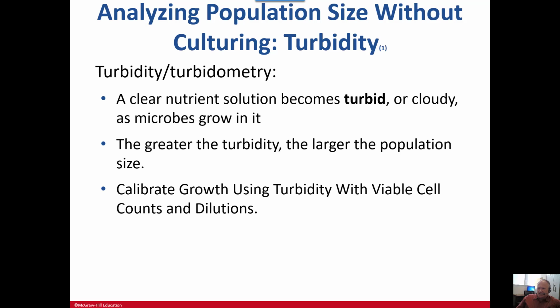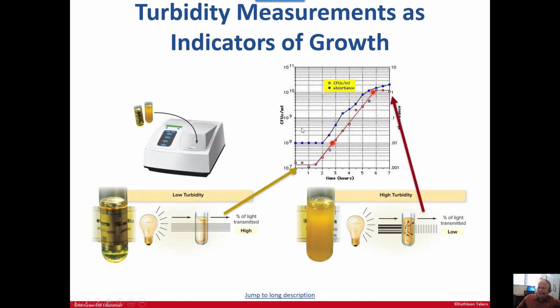You need to culture for the calibration, and then once you've calibrated it, you measure it by turbidity, in other words, how much the cells actually block the light. We call that turbid, or cloudy, as the microbes grow in it, and it is a one-to-one relationship if we plot it against the initial plating out of microorganisms, and we can now relate the density to the numbers of bacteria, which really works very well.